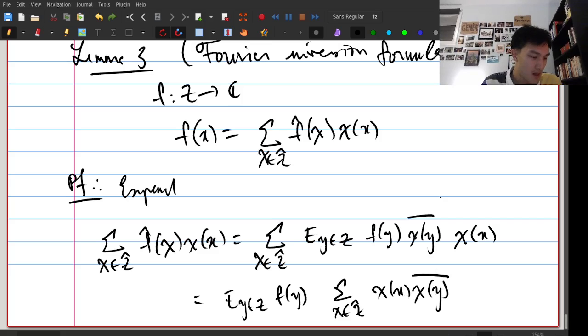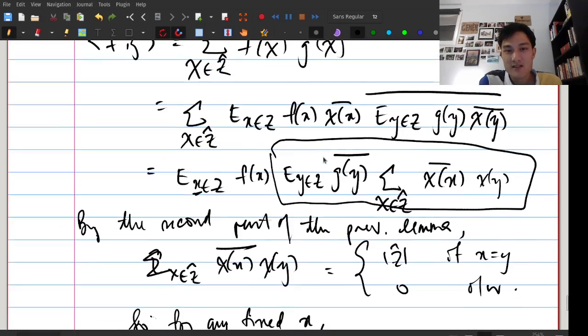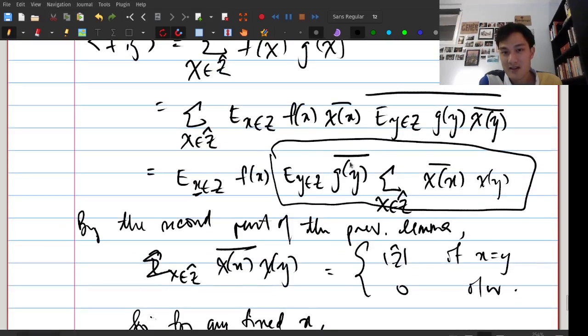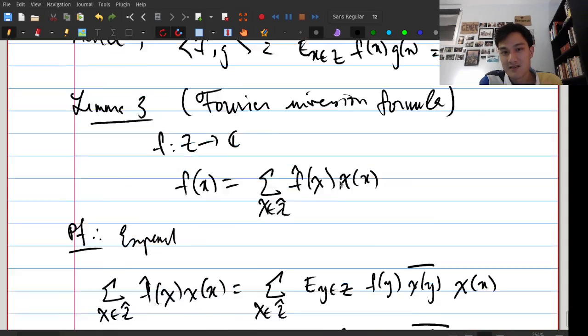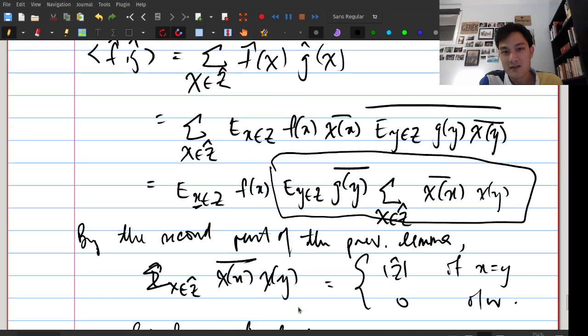And we literally just showed in the previous lemma that this thing is equal to whatever's here of x. So this is f of x. Over there we had g bar of y, and we showed this whole thing became g bar of x.